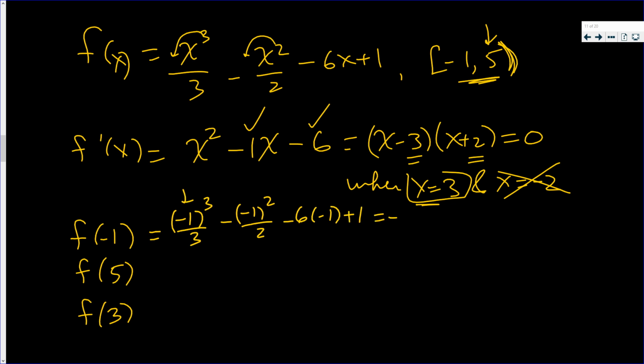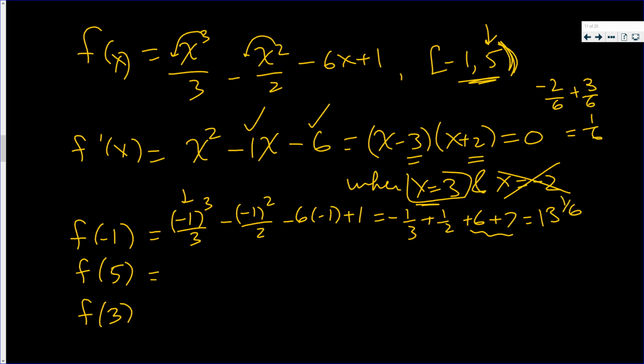That's -1/3 plus a half plus 6 plus 1. -1/3 is -2/6 plus a half is 3/6, so you get 1/6. That's 13. So you get 13 and 1/6.